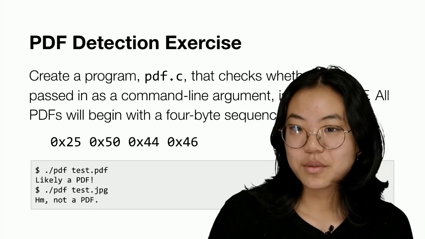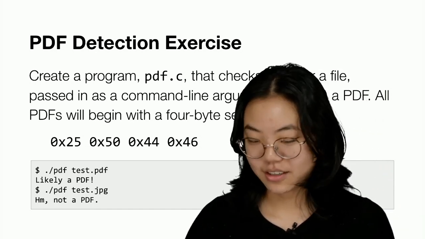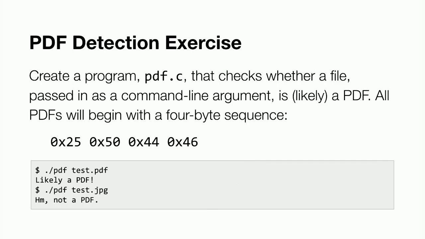Okay, we're going to do one final exercise here. And we're going to create a program called pdf.c that checks whether a file passed in as a command line argument is likely a PDF or not. And so something to note here is that PDF files start with a 4-byte sequence.